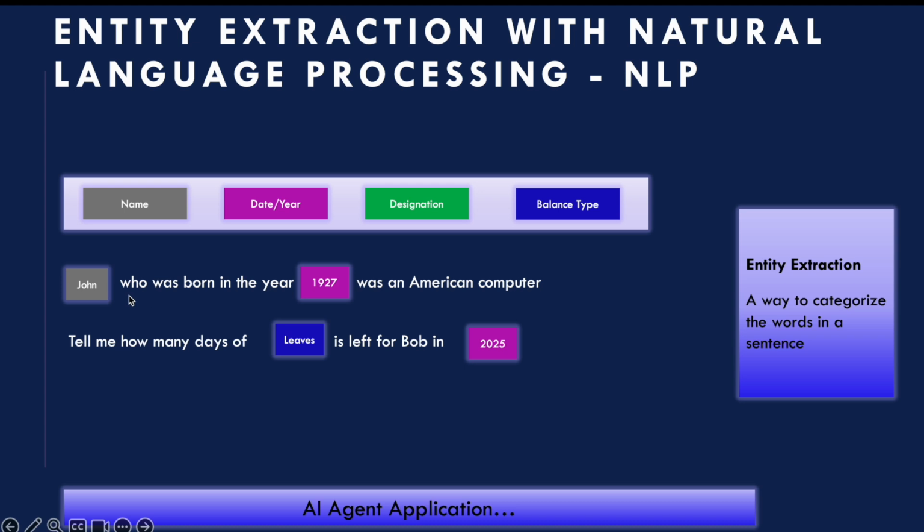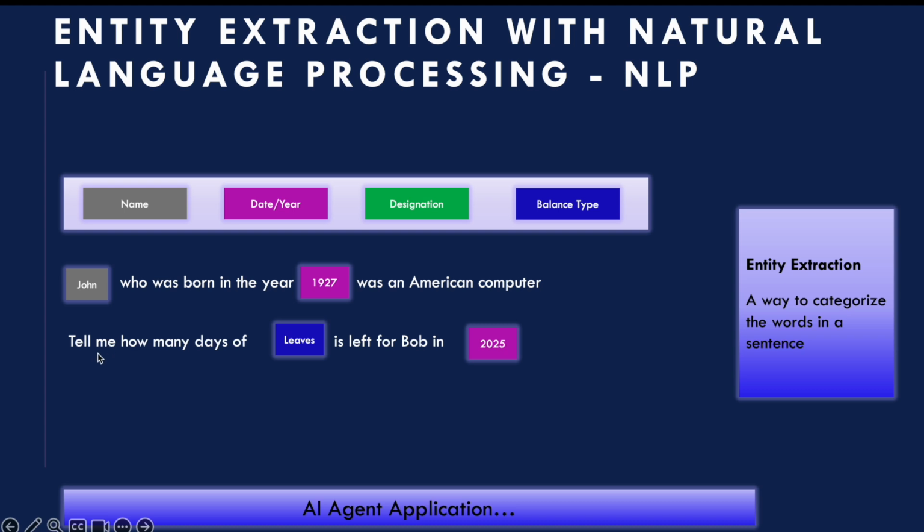Let's say there is a sentence: John, who was born in the year 1927, was an American computer scientist. The word scientist is missing here, but that's what it means. Now in this sentence, John, as you know, is a name. So my NLP system should be able to tell me that John here is an entity called name. 1927 is an entity called year in this sentence.